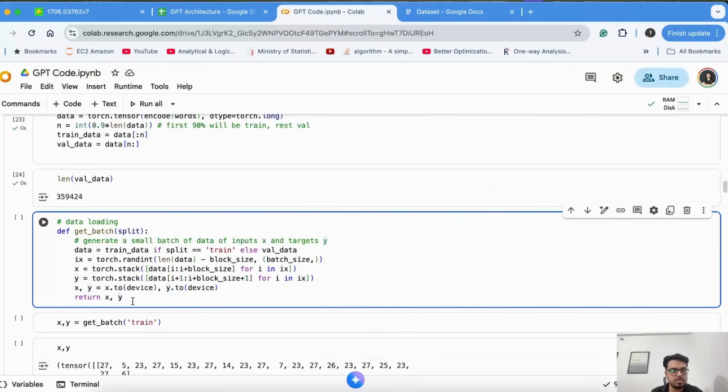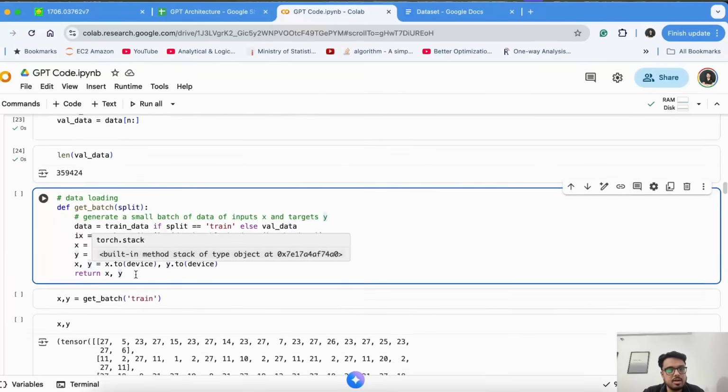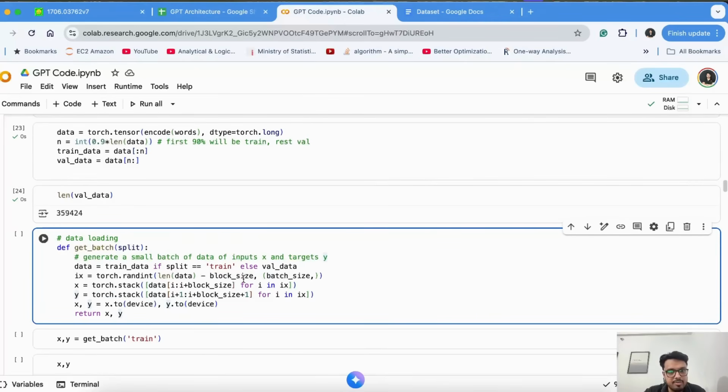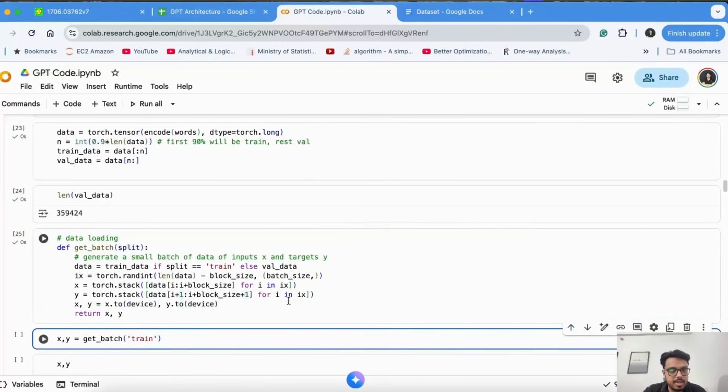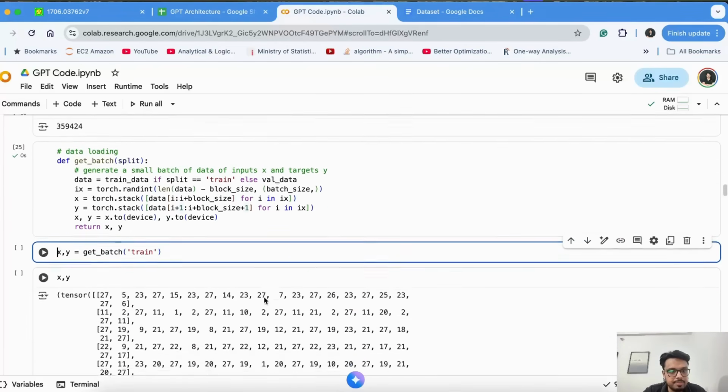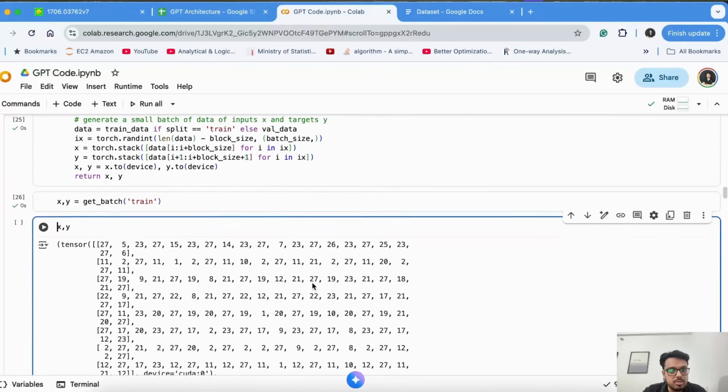For the given token length that I have defined, which is the block size, the sequence length, it randomly selects different sequences of input tokens and shifts them by one to get a sequence of output tokens. I think if I show you with an example, it will make sense. So this is what I get.